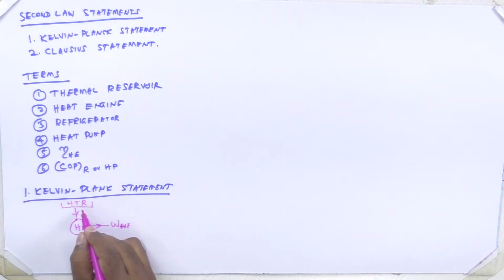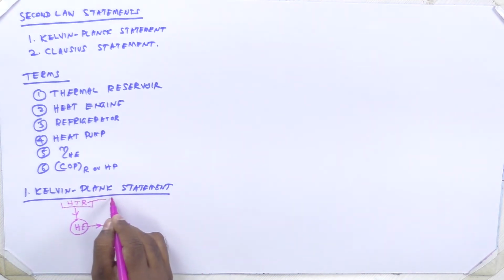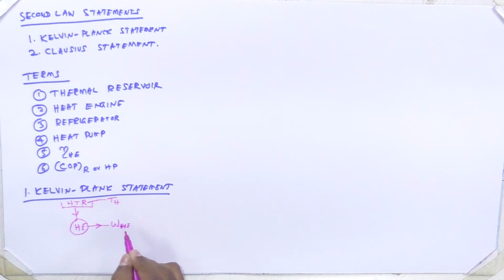The temperature of the high temperature reservoir is taken as TH, and a high amount of heat QH is given to the heat engine and it converts QH into WHE. So this is not possible according to the Kelvin-Planck statement.